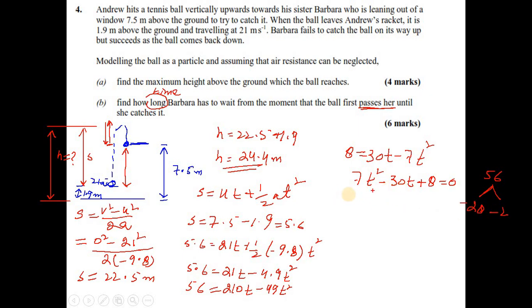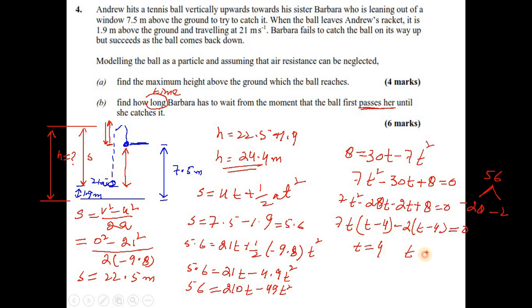So you can write minus 30t as minus 28t minus 2t, so 7t squared minus 28t minus 2t plus 8 equal to 0, and then you can take 7t common, and you have t minus 4 from the first 2 terms, and from the second 2 terms you have a minus 2 common. Inside you have t minus 4, so t minus 4 equal to 0 or 7t minus 2 equal to 0, so t equal to 4 or t is equal to 2 by 7.